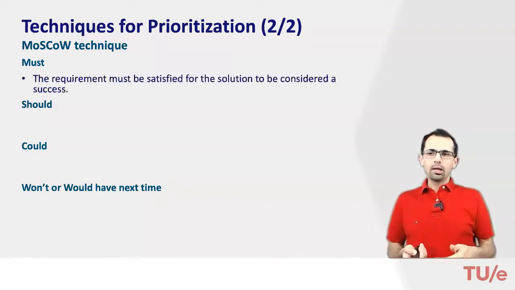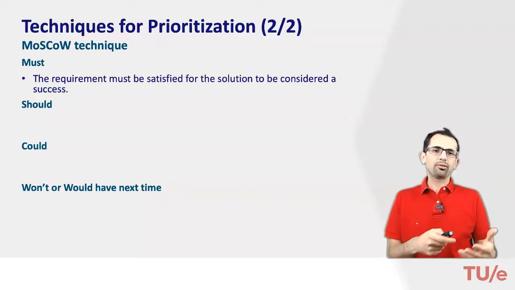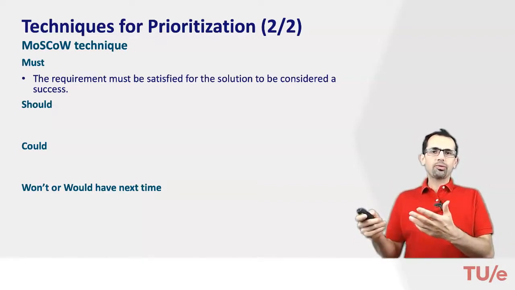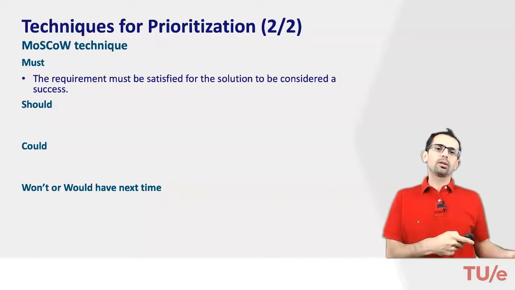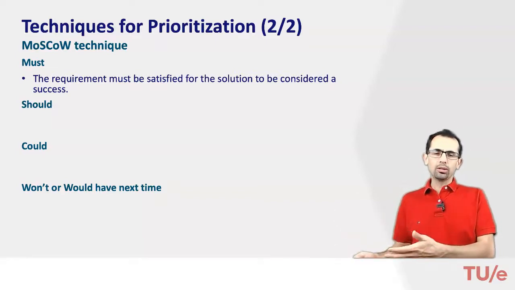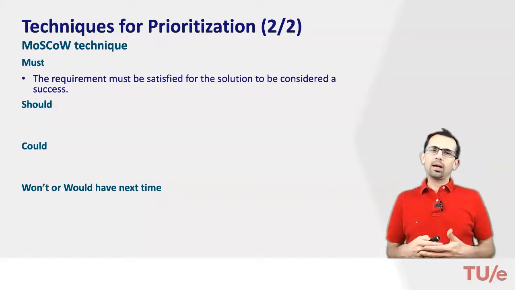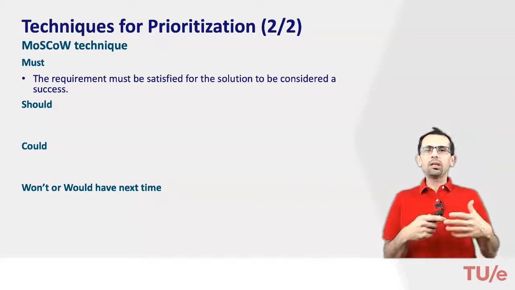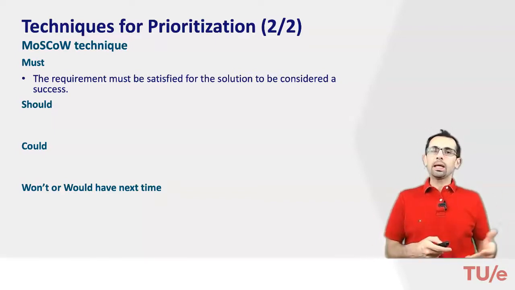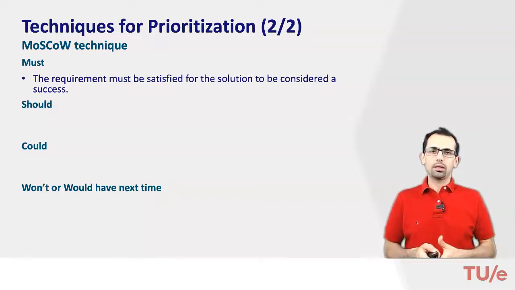What this means is that there are must requirements, which must be satisfied for the solution to be considered a success. Should requirements are important and should be included in the solution if possible, but they're not mandatory. Could statements are desirable, but they can be deferred or just eliminated, and worse comes to worst, you implement those requirements only if there is time and resources available.